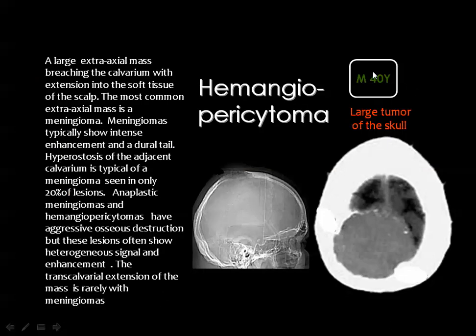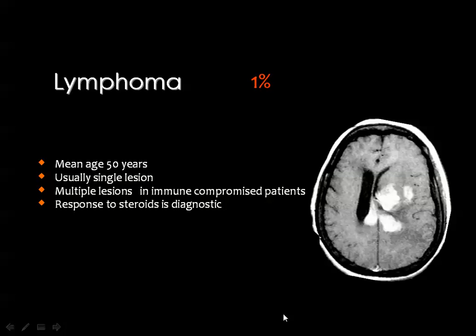And this is a male 40 years old with the homogeneously enhanced lesion in the high parietal area, and you see the erosion of the calvarium, and the skull X-ray shows the destruction of the calvarial bones with some component in the extracranial area.